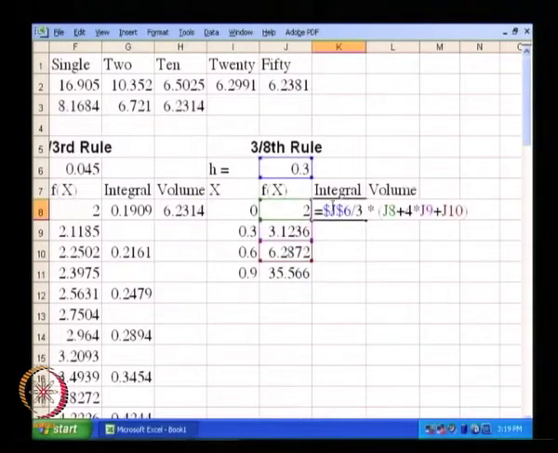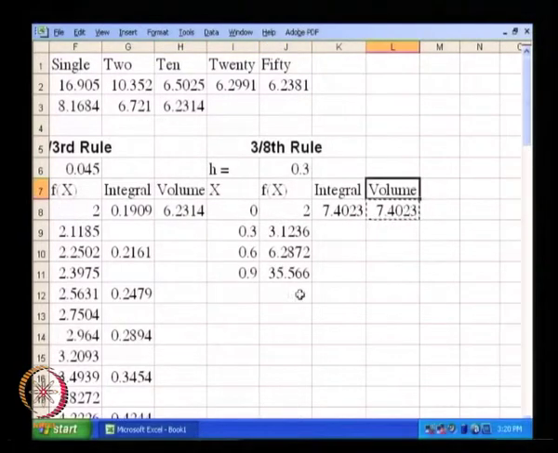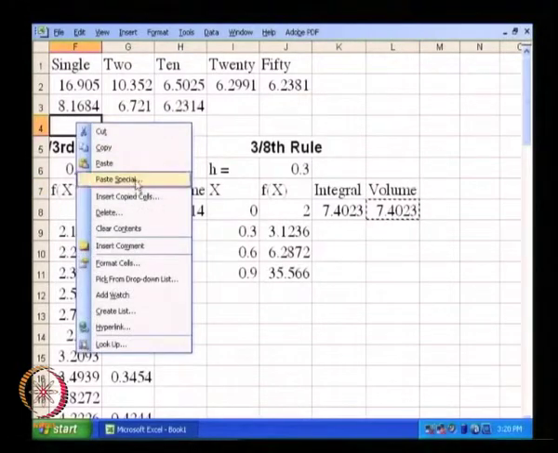Integral is going to be 3 multiplied by h divided by 8 multiplied by y1 plus 3 y2 plus 3 times y3 plus y4. Okay. And the volume is just going to be equal to the integral for this particular case. So, we just copy this volume and paste it over here.